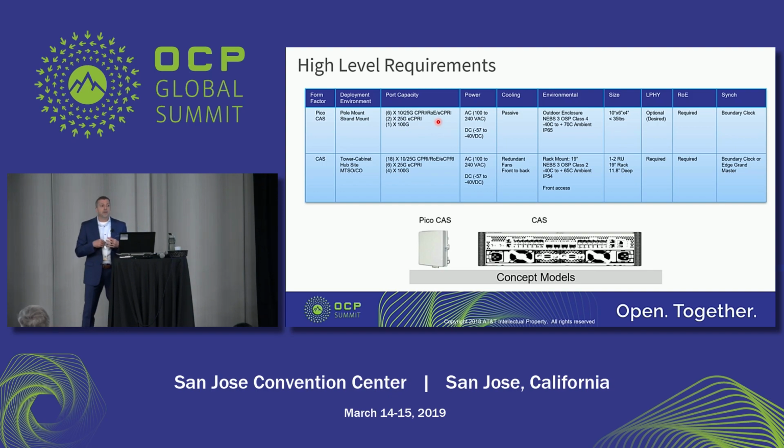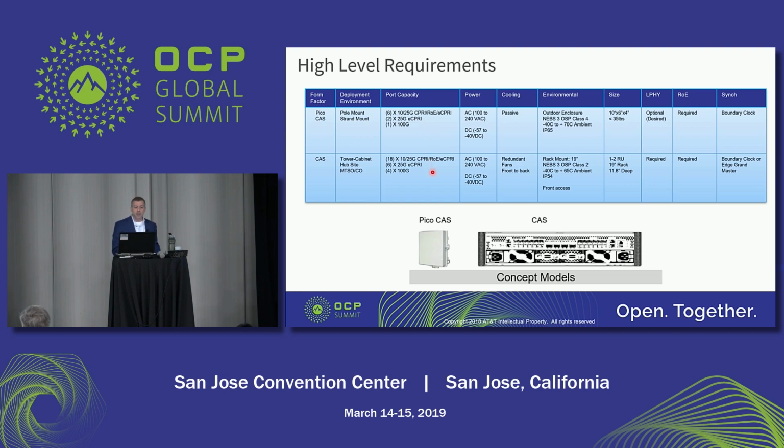But as 5G evolves and we start deploying, densifying our network, we would envision that we would deploy more base radios and would require more CPRI interfaces. So these 6 ports must support 10 to 25 gig CPRI and eCPRI. Additionally, 2 ports would be dedicated strictly to eCPRI.